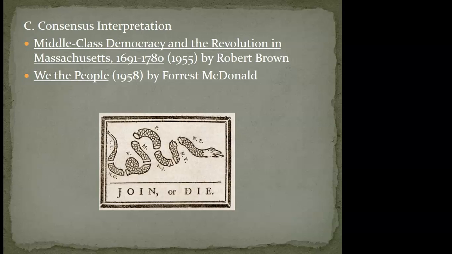The first book I want to take a look at was called Middle Class Democracy and the Revolution in Massachusetts, and the study was done from 1691, the colonial period, up through 1780 after the Revolution, by Robert Brown. In this book, the emphasis is on democracy and how it was the middle class of the colonial population that was pushing to have their voice heard.